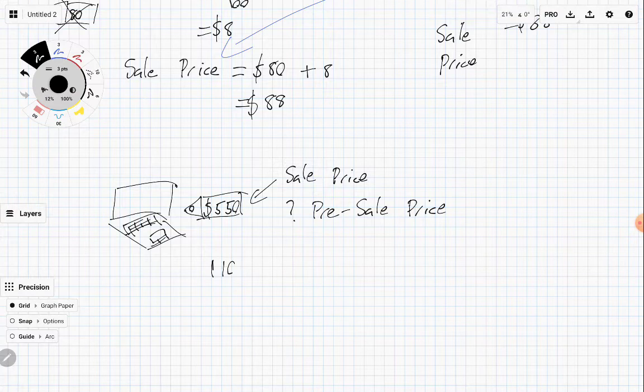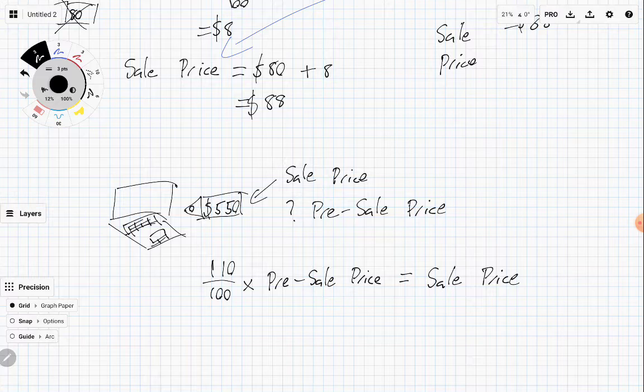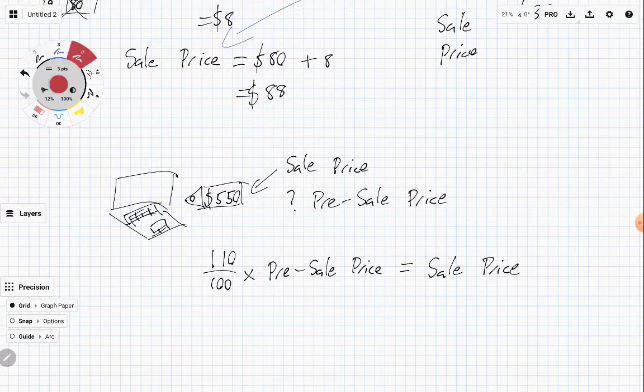So 110% of the pre-sale price is equal to the sale price. Right? That was our shortcut. That was the way we cheated it to get there. So if we want to work out the pre-sale price from the sale price, well, what's the opposite of multiplication? It's division.